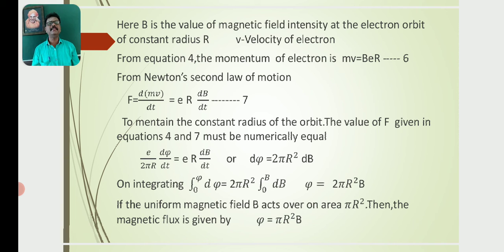To maintain the constant radius of the orbit, the value of F given in equations 4 and 7 must be numerically equal. e by 2πr into dΦ by dt is equal to e R dB by dt. Or dΦ is equal to 2πr square dB.